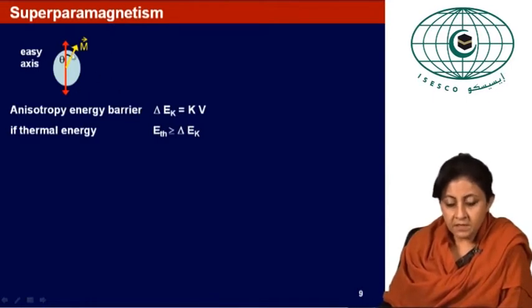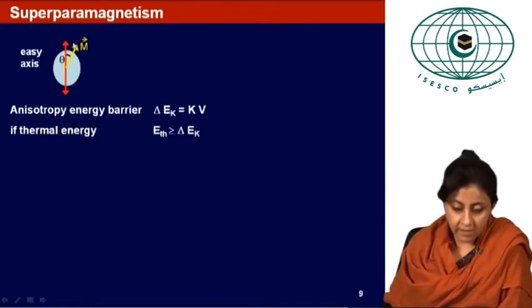So the barrier that the magnetization has to overcome in going from the positive direction to the negative direction will be at the value of alpha equal to 90 degrees. So that sine squared alpha becomes 1, and the height of this barrier is then K times V.